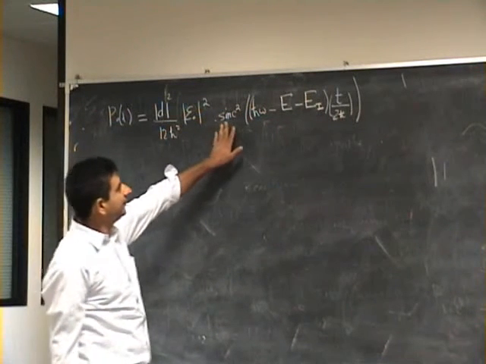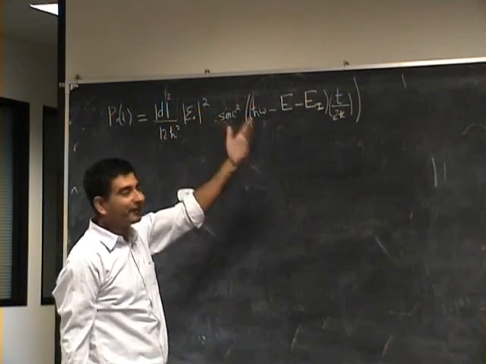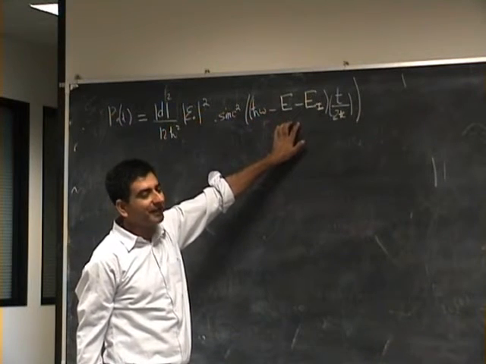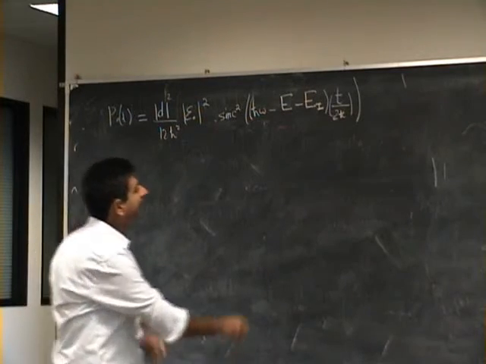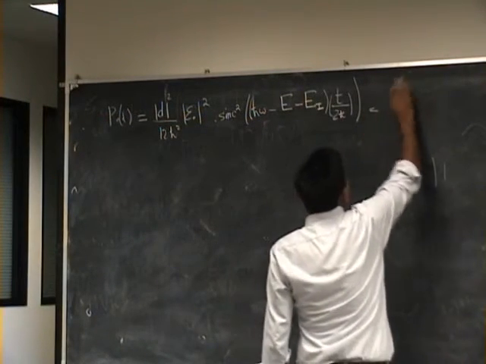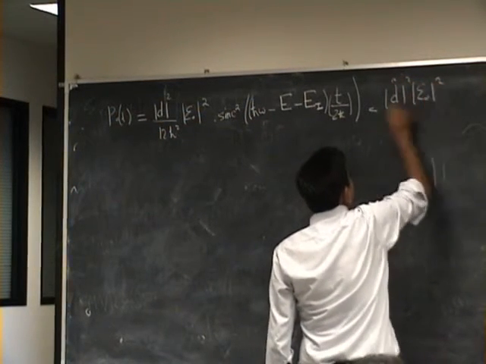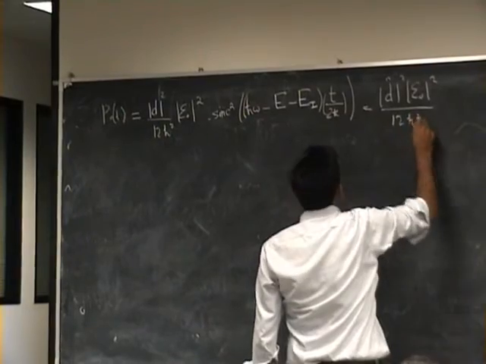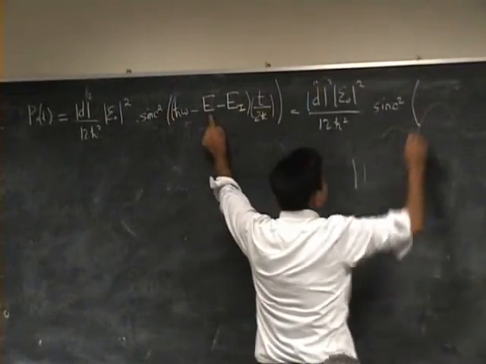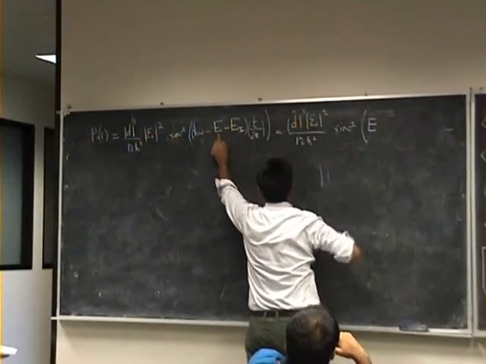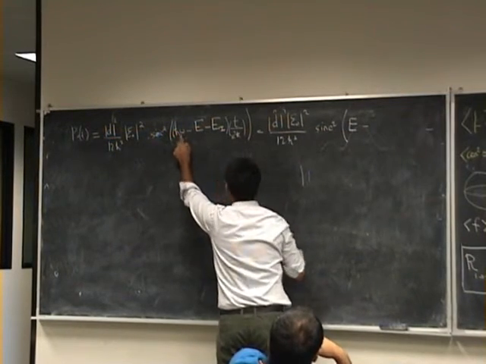Now this sin square is sine square of something, and it's a square. So if this argument goes to negative, it doesn't change the result. So what I would like to do now, in the next step, I would like to write this in the following form: D squared E naught squared 12 H bar squared sin squared capital E minus H bar omega, right?